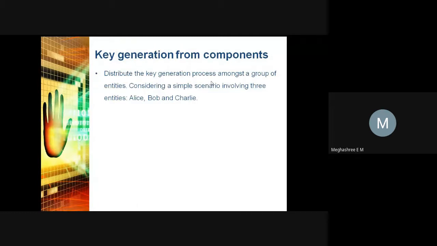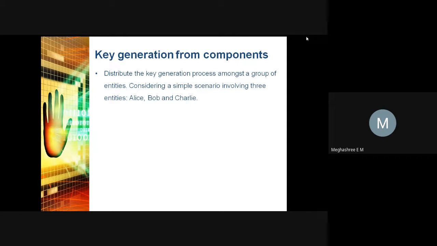As I said, in direct key generation and key derivation, both methods initially follow the random key generation method. Here only one entity will have full control of the key generation.